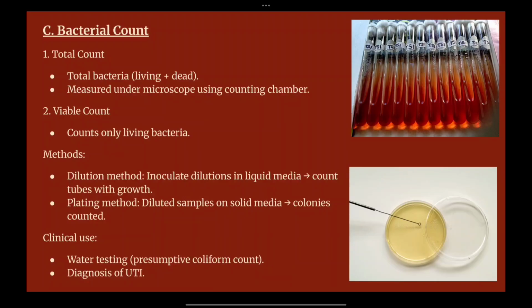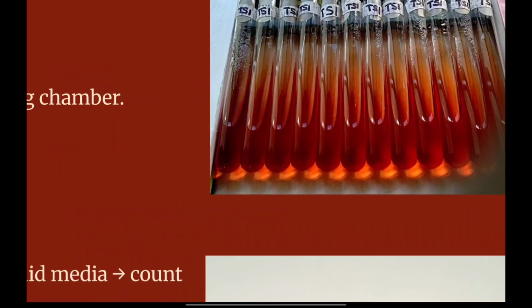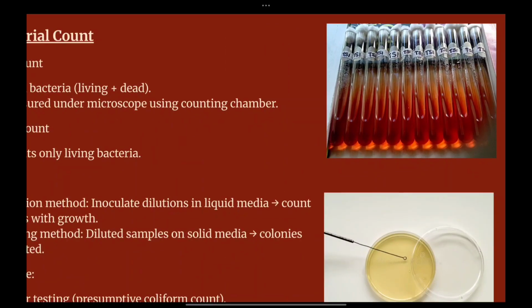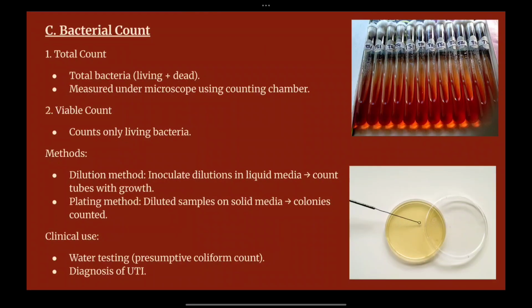As you dilute the culture media, the very last tube wherein bacterial growth is seen gives the amount of living bacteria present. So here you can see the liquid media, and we look at up to what dilution bacterial growth is possible. Those many tubes are counted and the growth is determined.